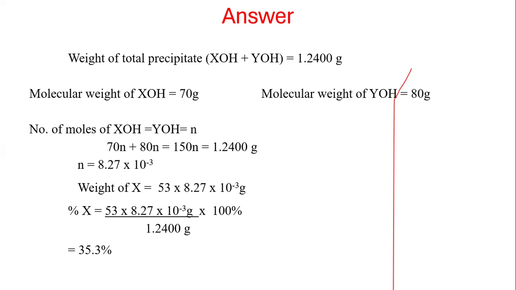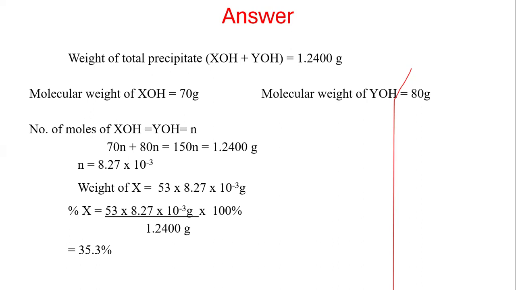So even a small amount will end up with a large weight. Okay? Got it? Then what are the advantages of this method? And what are the disadvantages of this method?